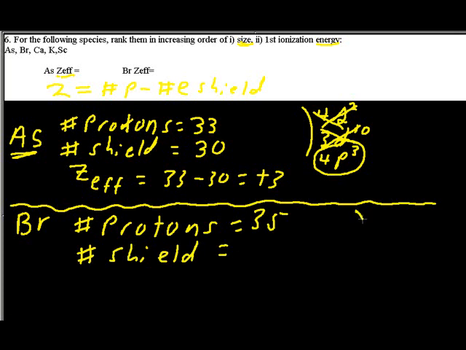We are still in the fourth shell. There's 4s2, 3d10, and there's 4p5.